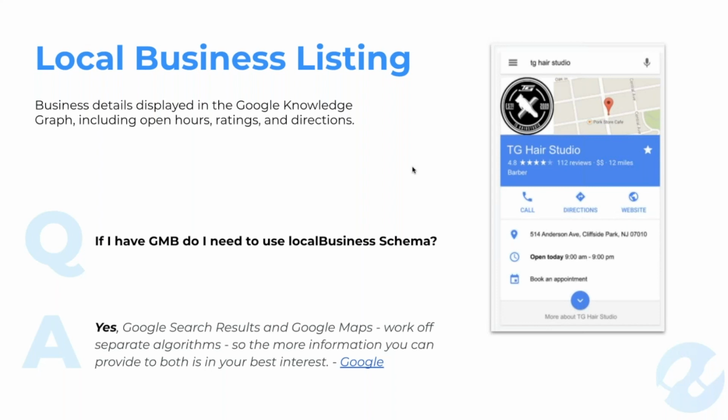Right. And that's something that I found very interesting, where even though you have this Google My Business card and you've optimized it that way, it's also very important to include specific data and markup within your content and within your site to also identify that on your site, not just with Google My Business.